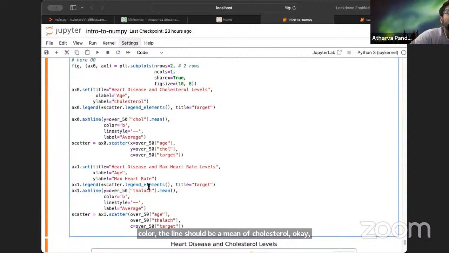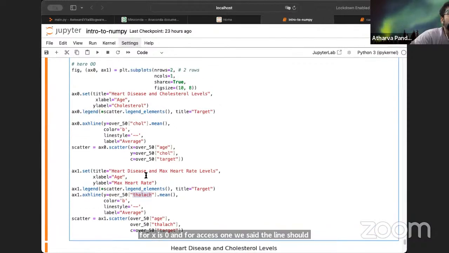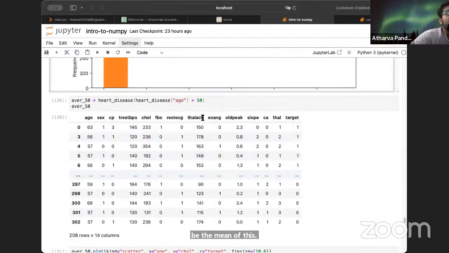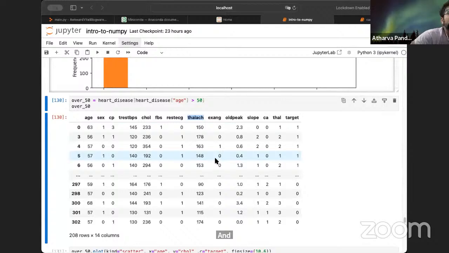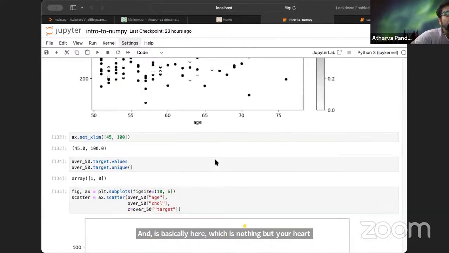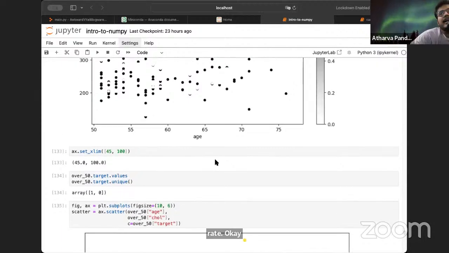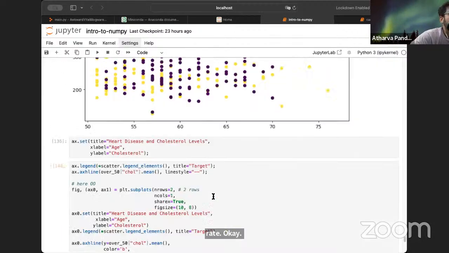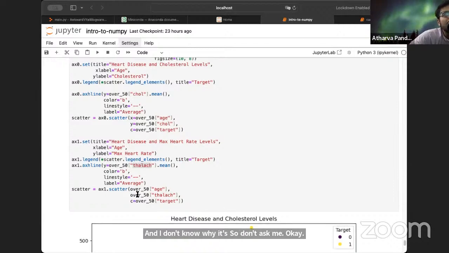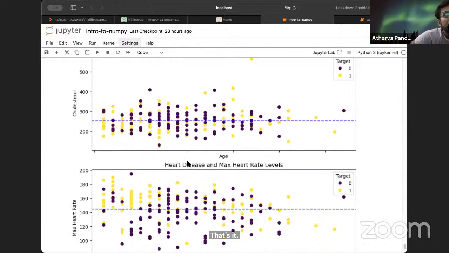And for axis 1, we said the line should be the mean of this thalach, which is nothing but your heart rate. I don't know why its name is thalach, so don't ask me. That is why you see this blue line.